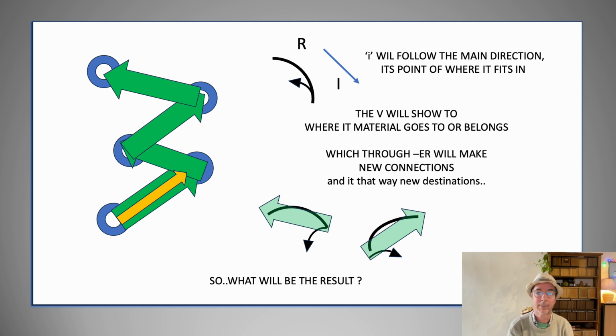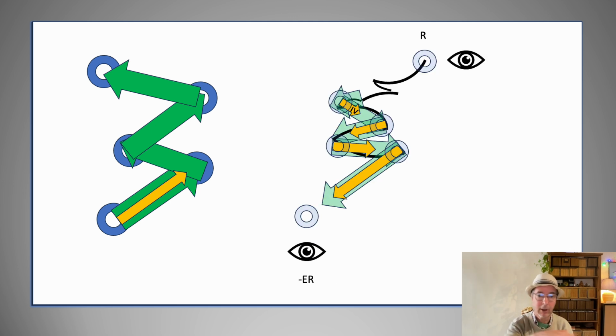So let's make the result. I'll still make the flow a little bit, but mainly it is the directions that change direction, the points where the directions are changed in direction, that can be seen and sensed.